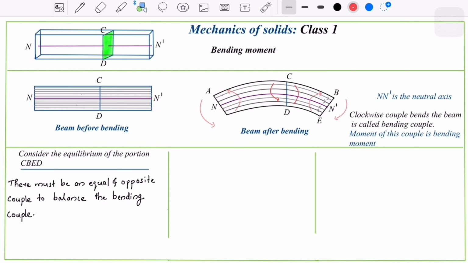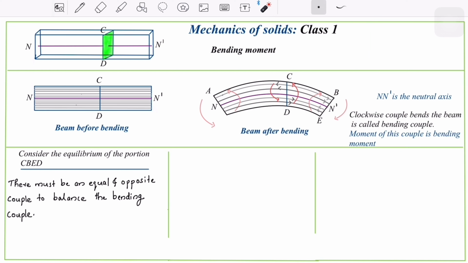So if you take a cross section CD, the direction of the torque acting on CD is in the anti-clockwise direction, and the direction of the bending couple acting on the cross section BE is in the clockwise direction. So we have taken a cross section CD where the direction of the torque is in the anti-clockwise direction.